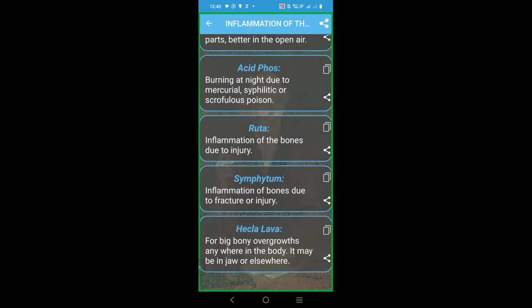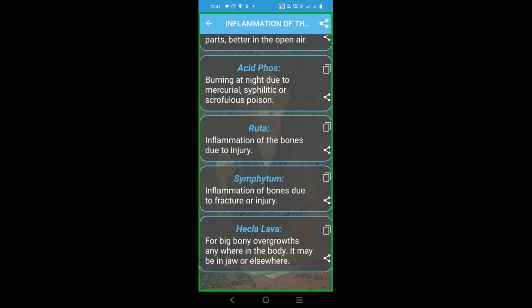Inflammation of the bone, root injury. See, different inflammations are due to different reasons. Hekla lava, as already told, is there for the bone. It is a very good remedy for any bone growth.